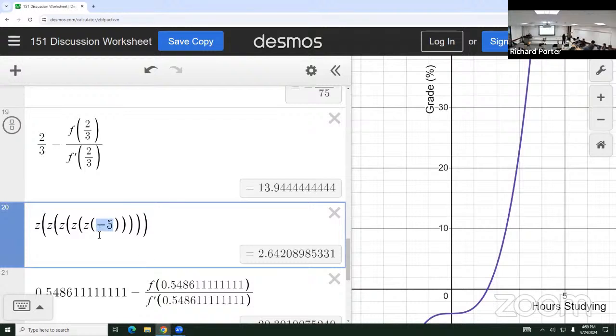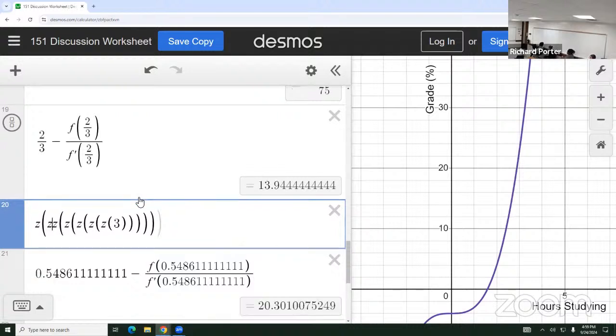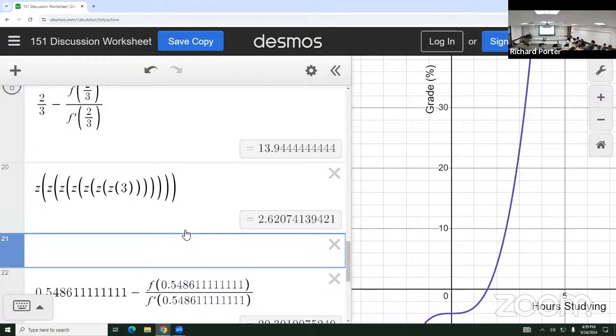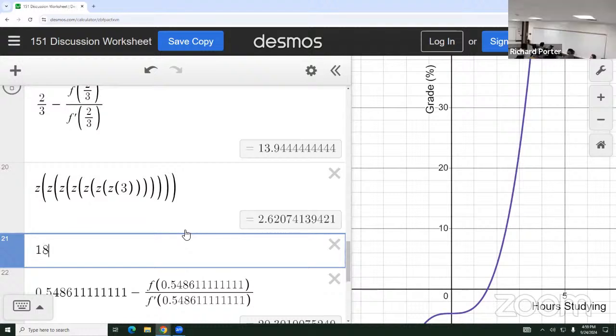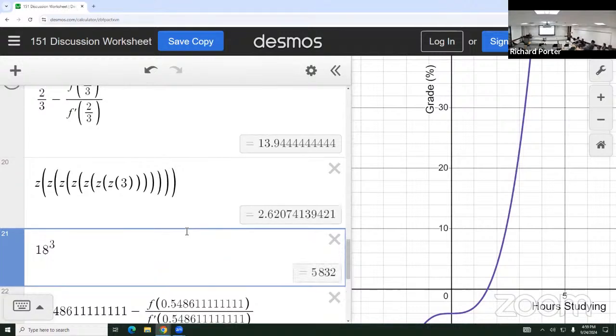I have to put a different guess in. 3. I still get a lot of decimal places. 2.60, whatever. Let me do some more z's. Anyway, there we go. That's the answer. But really, you want the cube root of 18? How would you get the cube root of 18 if you needed to get it on a calculator or on Desmos? 18 raised to what? Well, not the third. Cube root.